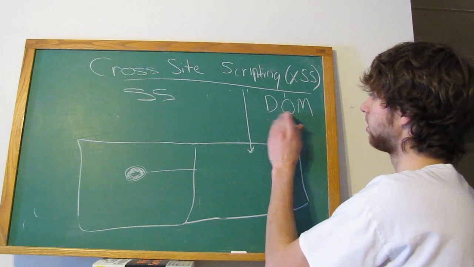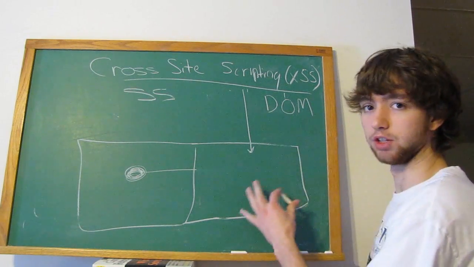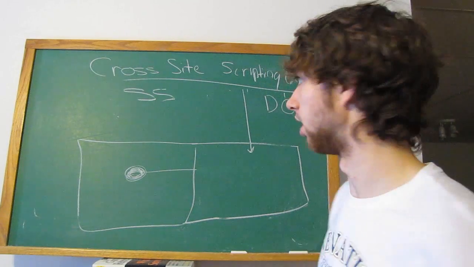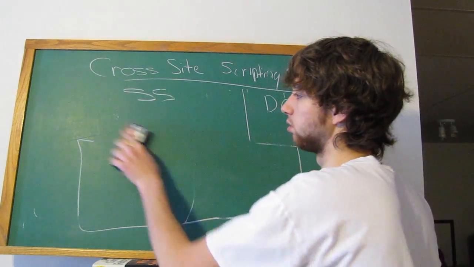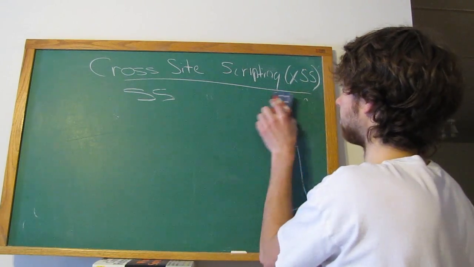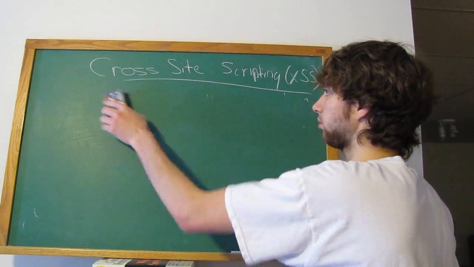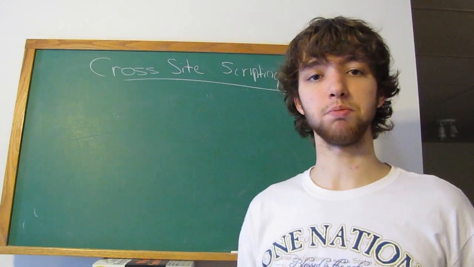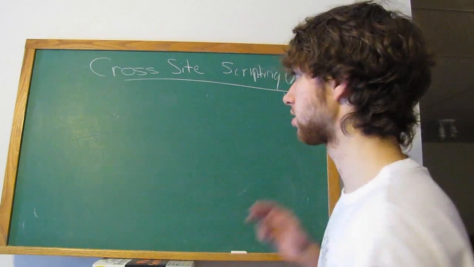Basically, the DOM is the actual page being viewed. I don't really know if it's pronounced DOM or not. But yeah, those are two general classifications of cross-site scripting, and we'll be getting to that more in just a minute. But other than that, you can group cross-site scripting into two major groups.